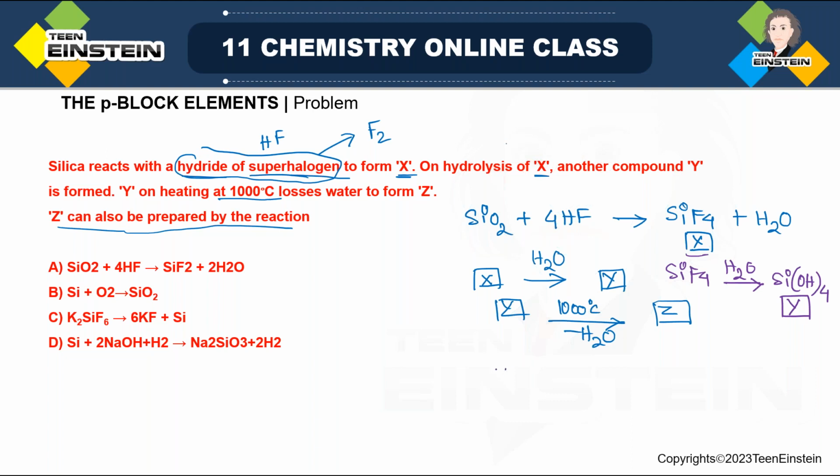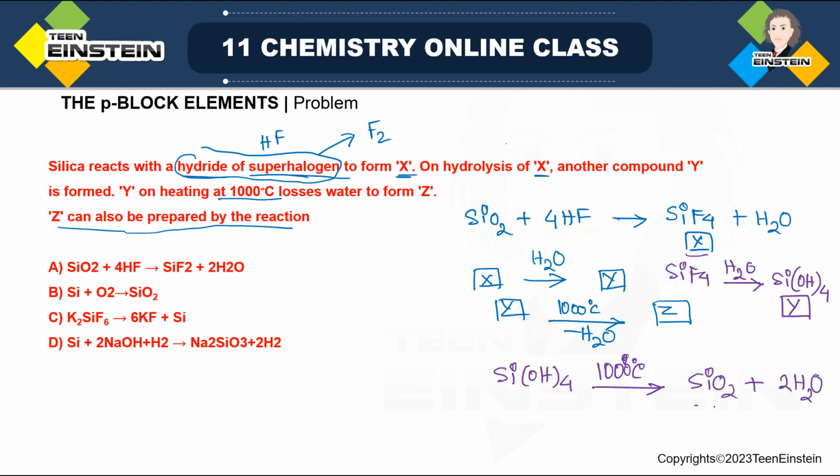Now, if we heat Y at 1000 degrees centigrade, there is loss of water. Now, when there is loss of water, what will happen? There is actually formation of SiO2. So here SiO2 will be formed and two water molecules are removed.